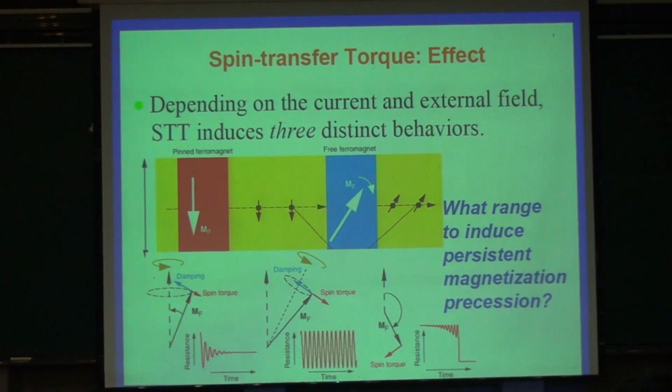It's a good gigahertz to terahertz oscillator, which is non-trivial and not easy to achieve with semiconductor technology. And if you change the strength of the field, because this frequency is proportional to gamma times H, it's easy to adjust by the external B field.